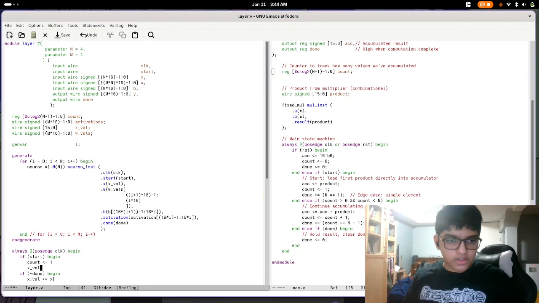Right, x value equal to x from m times 16 minus 1 to 0.